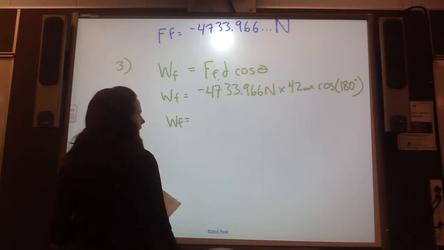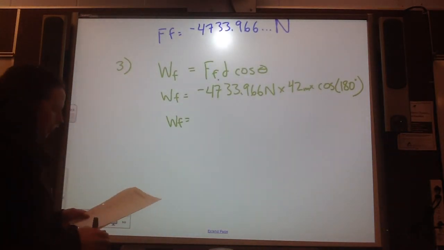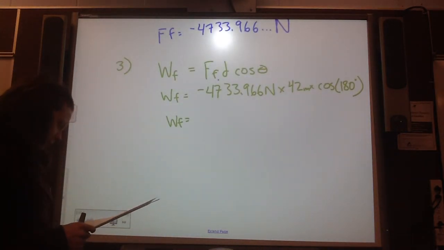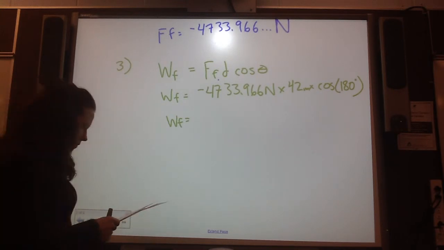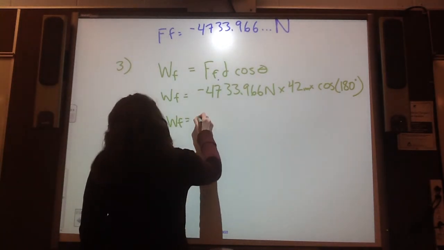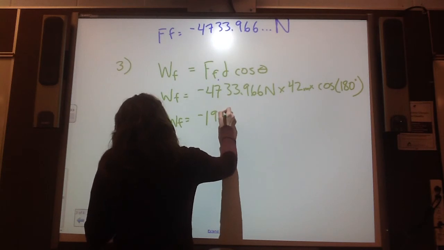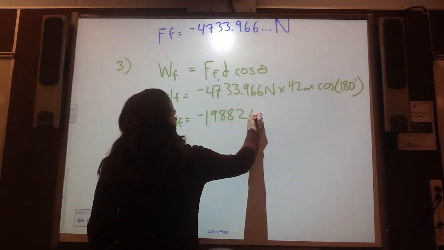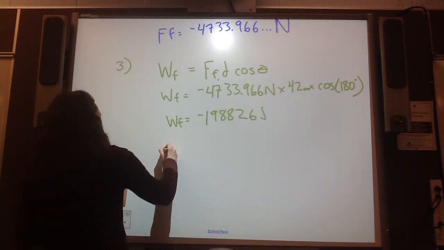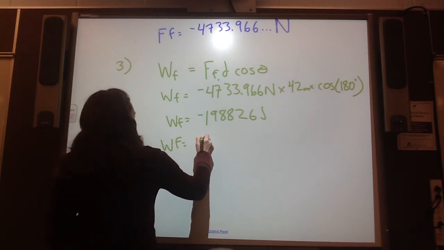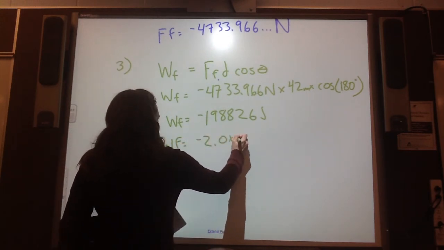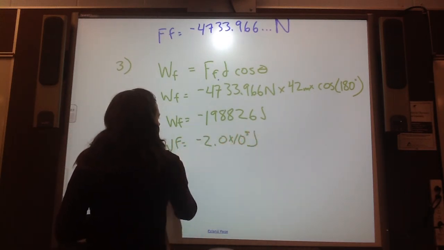Put that into your calculator. You should get negative 198.826 joules. With significant digits, negative 2.0 times 10 to the 5 joules.